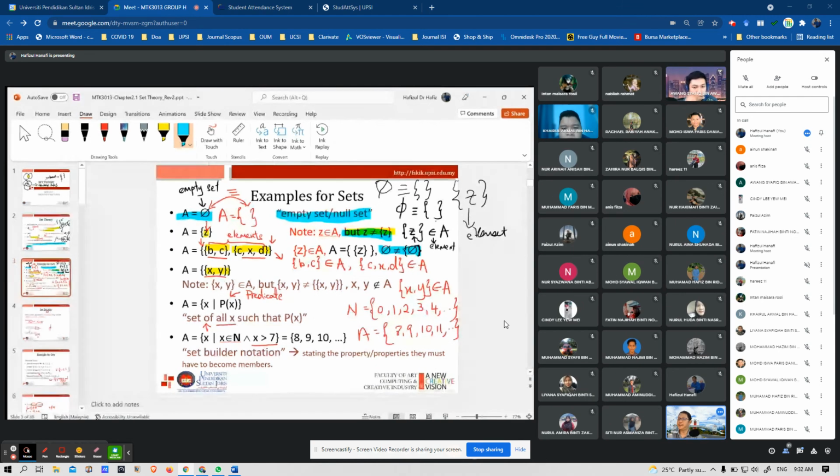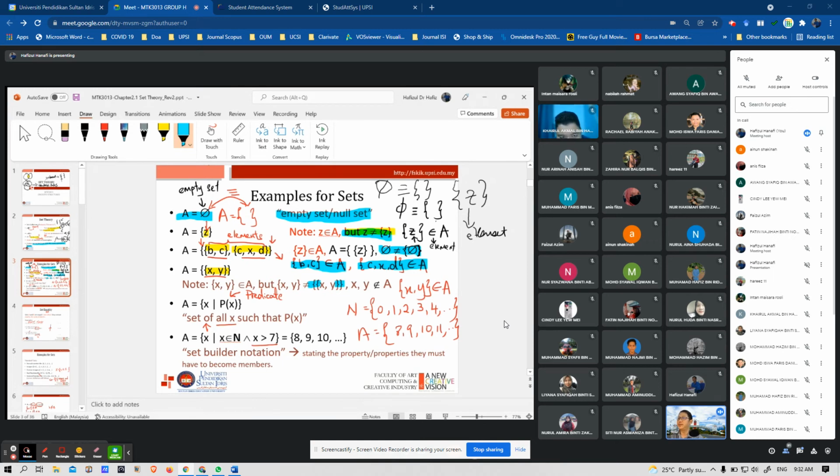Okay, bc we can define as a member of set A, and cxd is a member of set A also. We have two here. Okay, another one is A with x, y. Note that xy is an element of A, but if you have two brackets here, it's not the same, because it is the element inside the element.